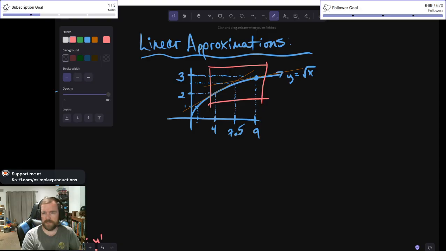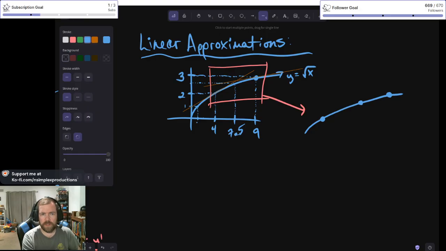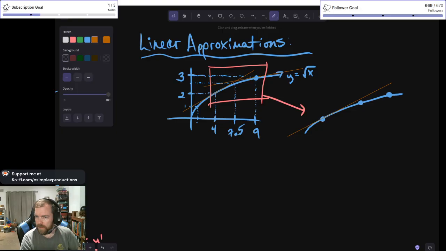If we blow it up, what we're going to get is this curve. Right, and we want to know if we draw in a tangent from this direction, then what we're going to get is an error.